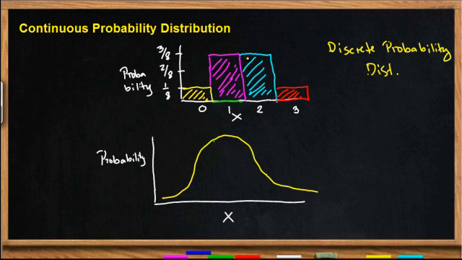In this case, the area of this one is the probability of that particular number to occur. That is just the base times height. The base is of length 1, and the height is 3/8, and therefore the area is 3/8. And coincidentally, in this histogram, the probability is actually just equal to the height of the histogram.